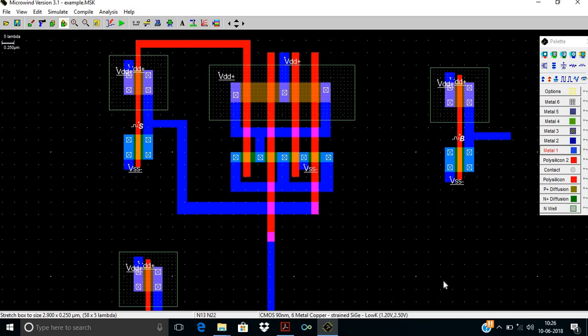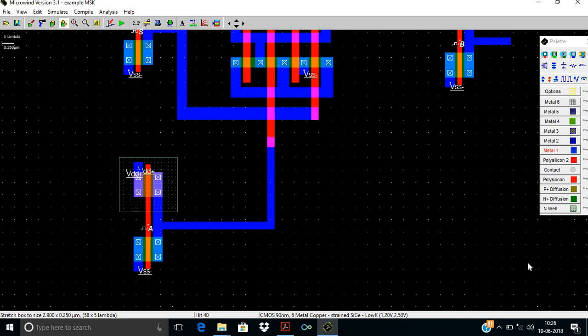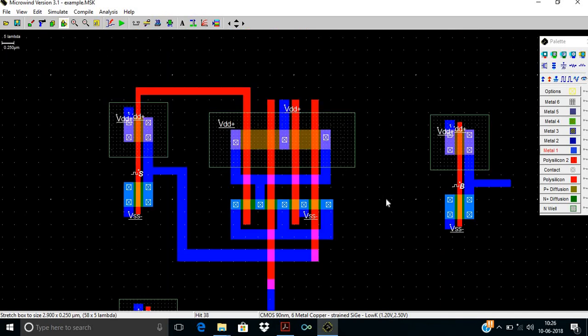The inverter output is connected to the S bar. Now again we have connected A bar. The A bar input is connected to here. Now only B bar is remaining.